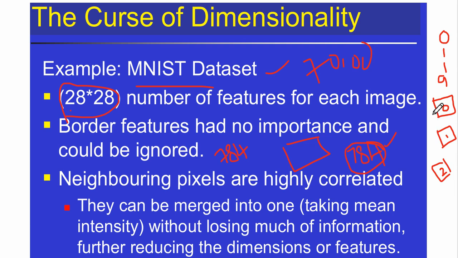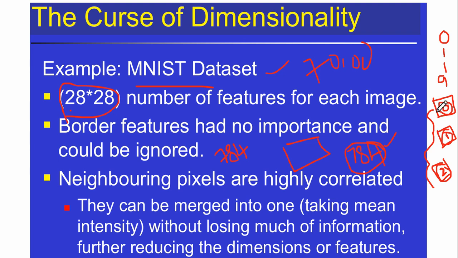If you observe these images with different digits, the border of each and every image is not useful. Clear? These pixels are not useful. The border pixels are not useful. If you want to identify the digit, the border pixels are not useful.